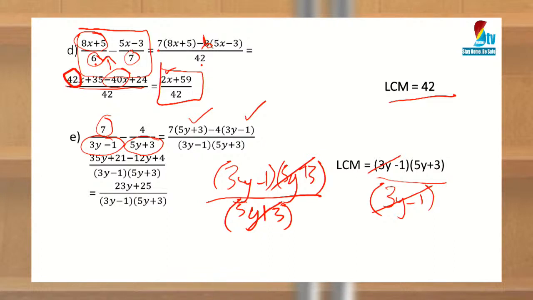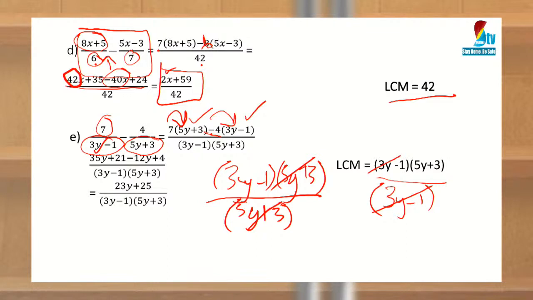And then I follow the rules of removing brackets. 5 into this one, I multiply 5 by 7 to get 35. 7 times 3, 21, minus, remember subtract, if you have a minus sign outside the brackets, you are going to change the sign inside the bracket.